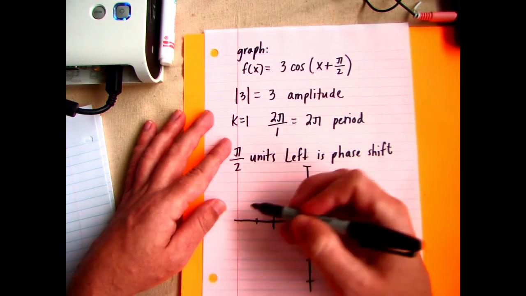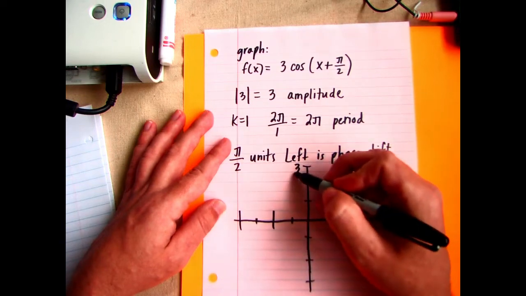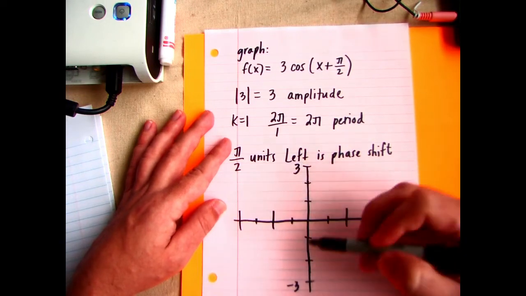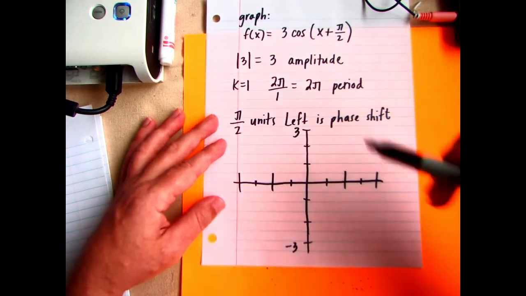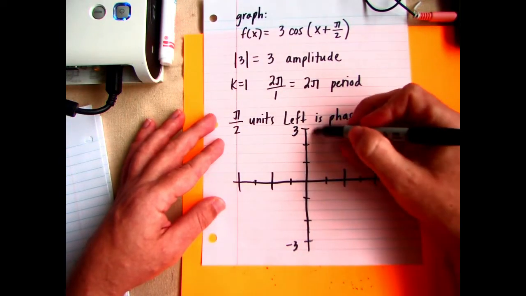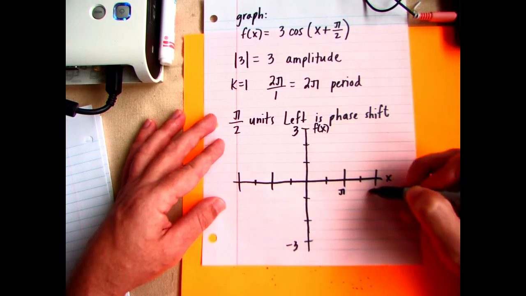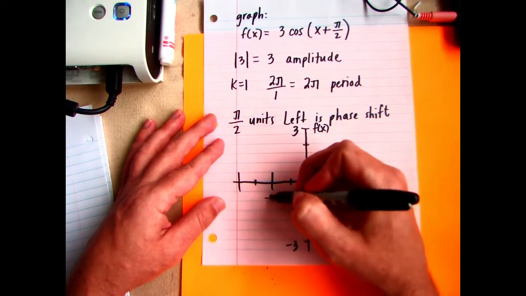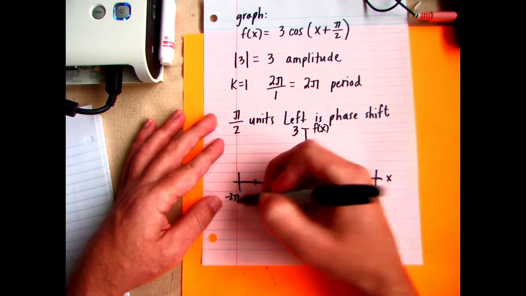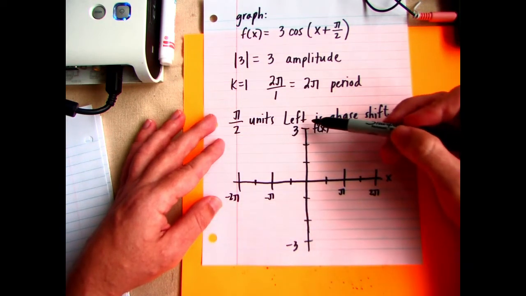So on my y-axis I'm going from -3 to +3. Again, that's to give me enough room to apply my amplitude. And on the x-axis we're going to go the traditional -2 pi to +2 pi.